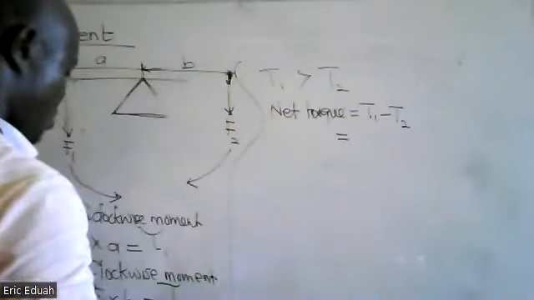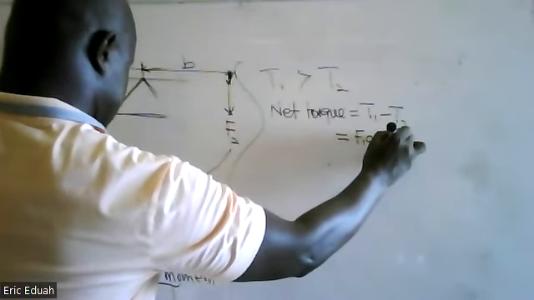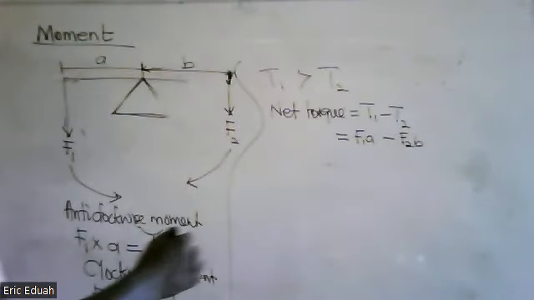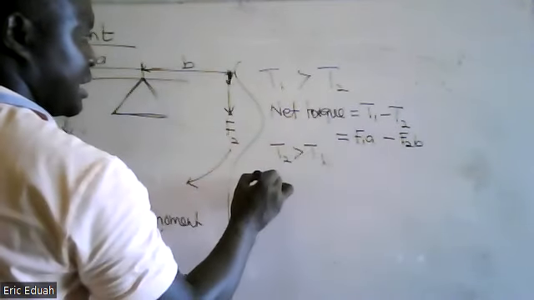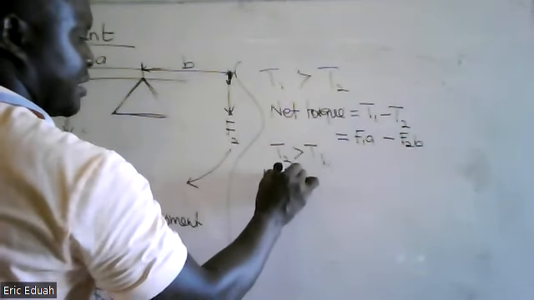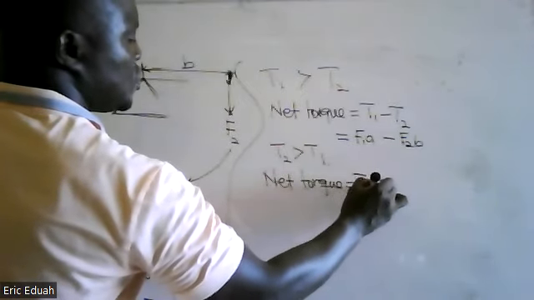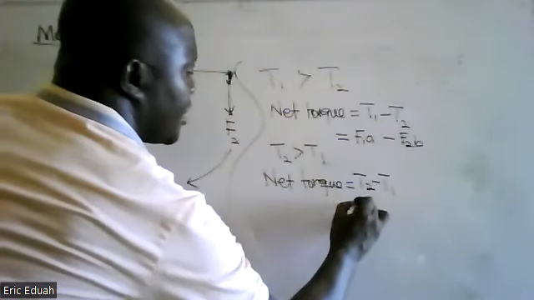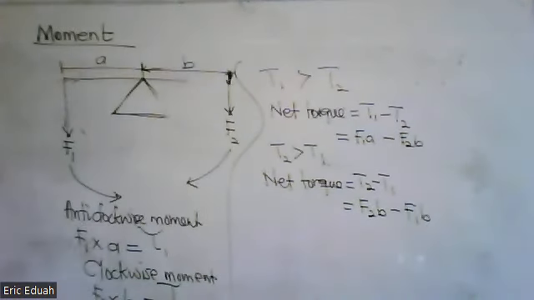So in this case, we'll have F1A minus F2B. If it's the other way around, that T2 is greater than T1, then the net torque or moment will be equal to T2 minus T1, which is F2B minus F1A. So that's all that I'm saying.